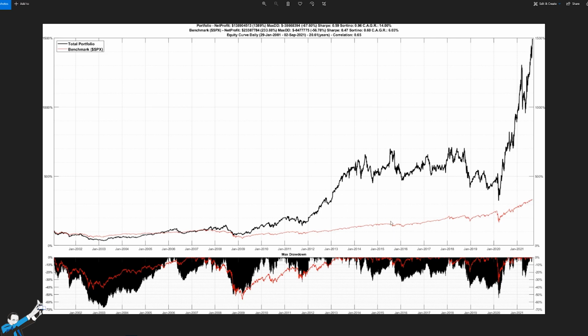And I don't like the shape of the equity here, because most of the profits seem to be concentrated in the very last part, and we have very long periods with badly shaped equity in general, like here or like here.